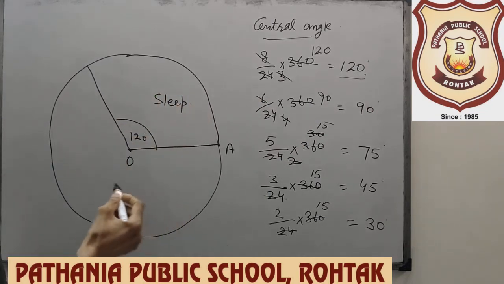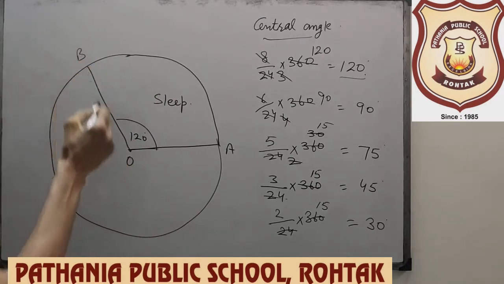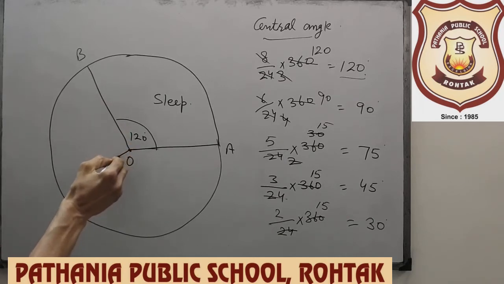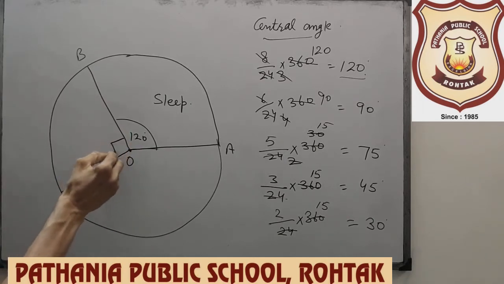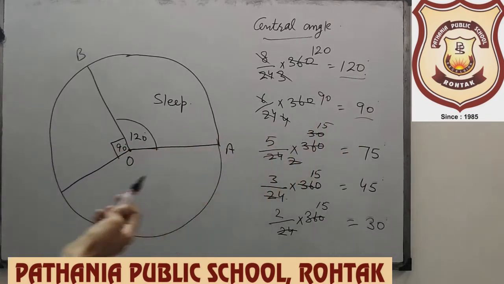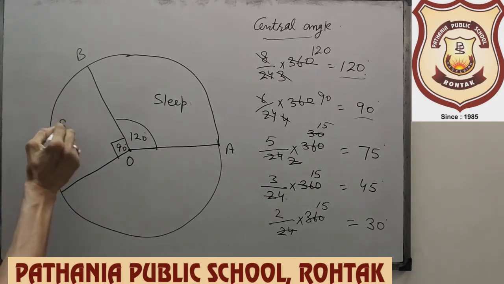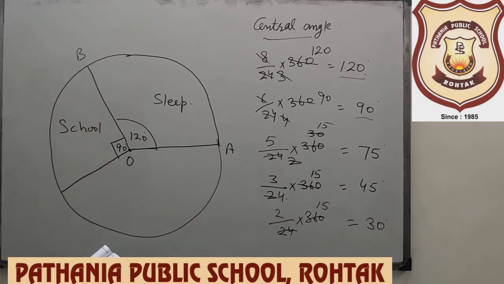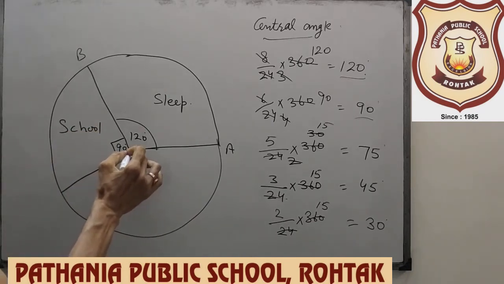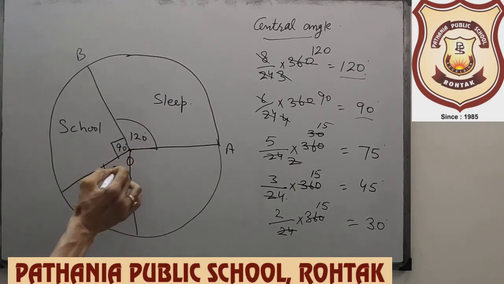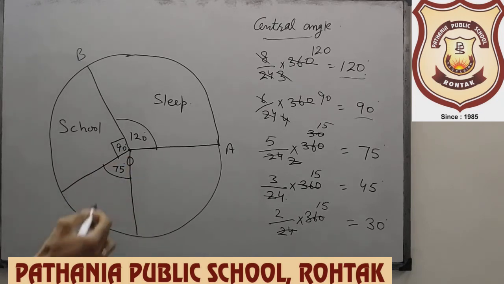Like this. Now at this side, at OB, put your protractor at this point and draw an angle of 90 degrees. Because the second angle is 90, and it is the time spent in school. Next is 75 degrees at this point. Using the protractor you should draw it. It is household work.